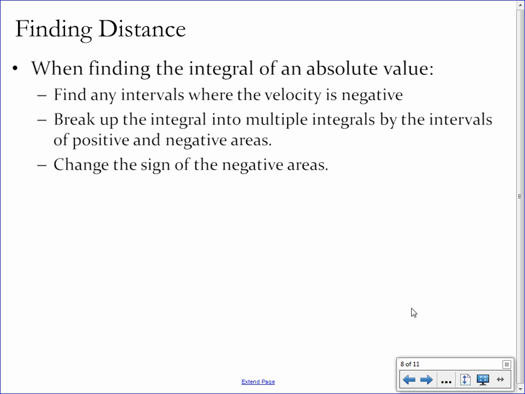So if we can break up our velocity equation into intervals where we have positive versus negative area, we can adjust that sign as needed. Any intervals we know are going to have negative area, we can force them to be positive by subtracting the negative area instead of adding the negative area.